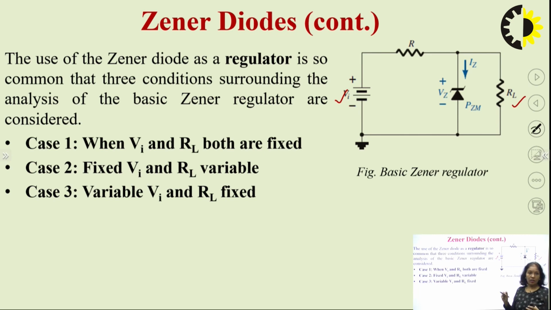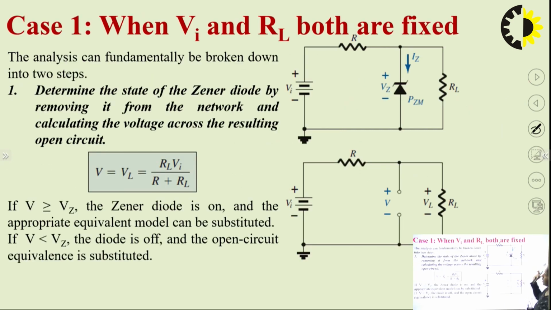In the third case, Vi is variable and RL is kept at a fixed value.